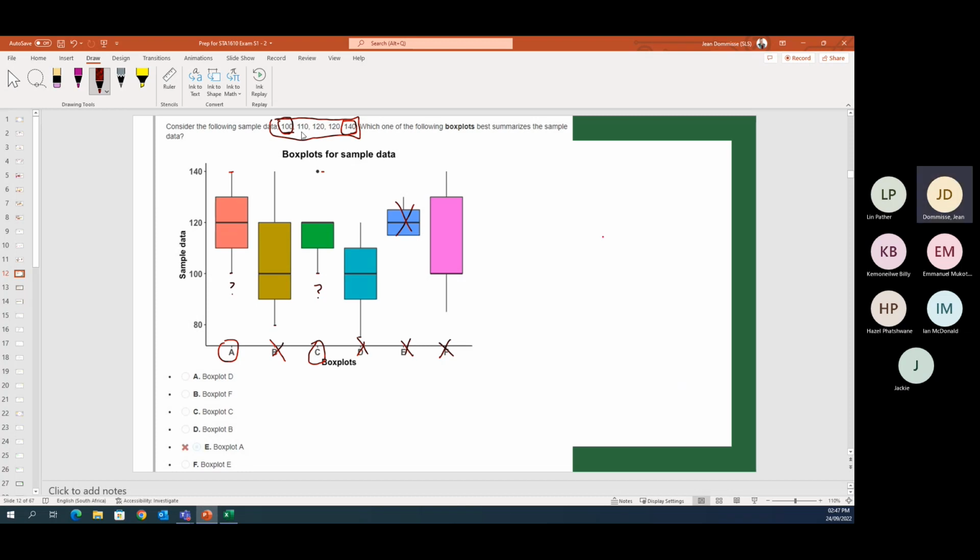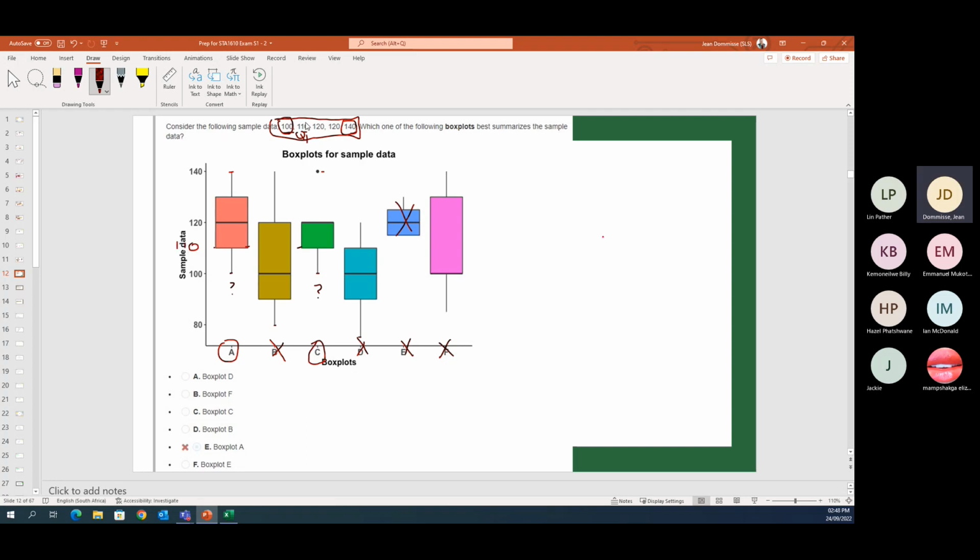Okay, so let's look at the next one. Q1 110. I look at that and I look at that, it seems like both are at 110.